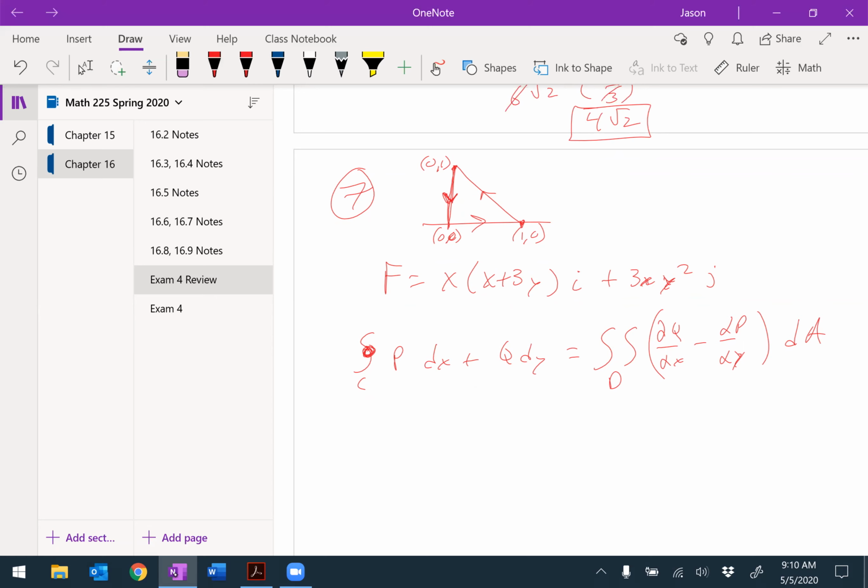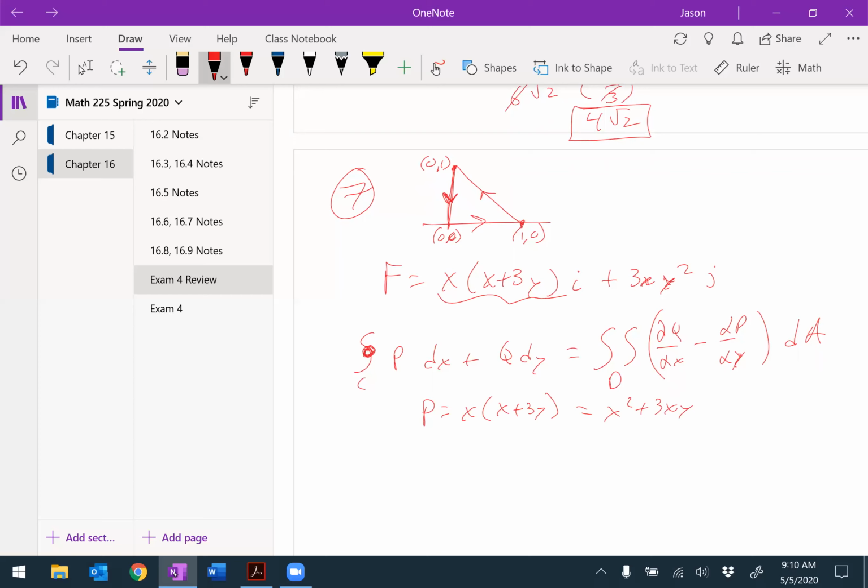Let's start with P. P is going to be my first term. So I'm going to take x times (x plus 3y), and distribute that: x squared plus 3xy.